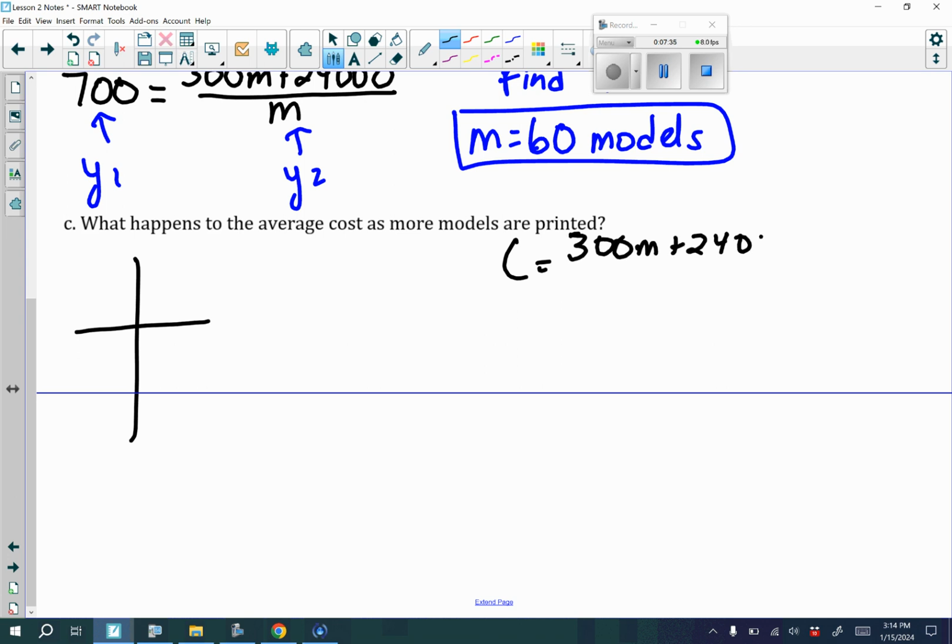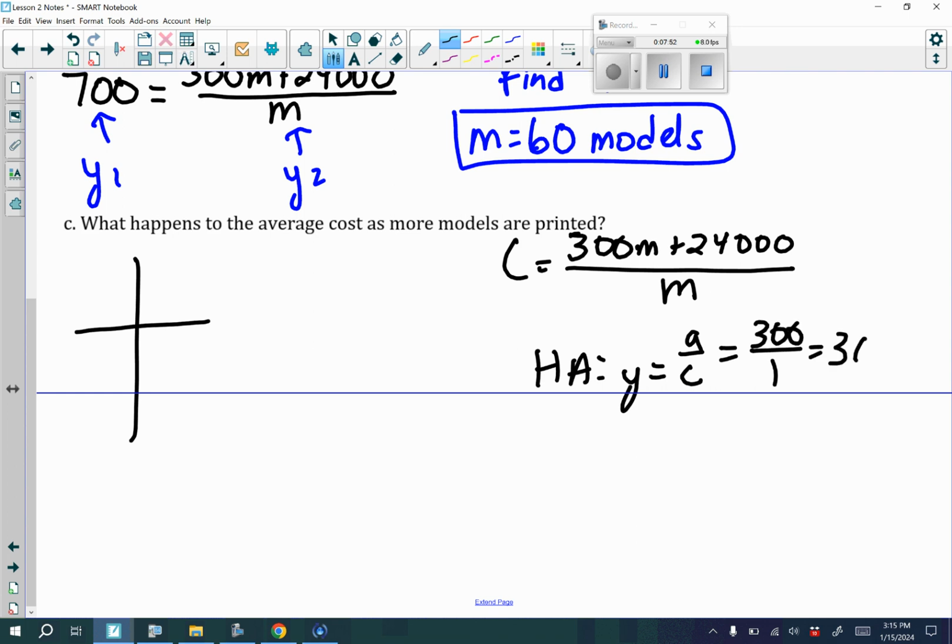So what we need to find here for the asymptotes, horizontal, remember because it's in the form of ax plus b over cx plus d, to find that horizontal asymptote, I'm going to need a over c. And so that is 300 over 1, which means the horizontal asymptote is at 300.